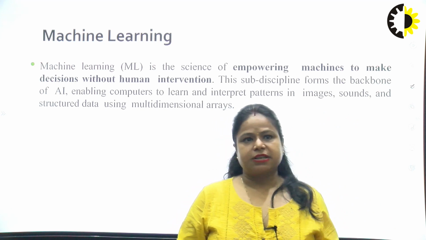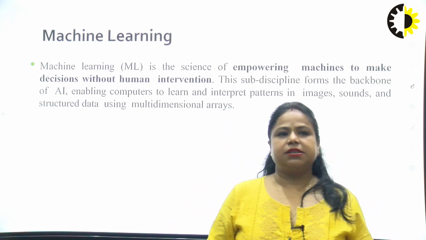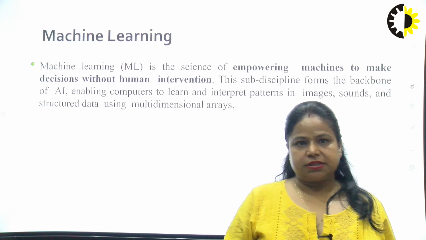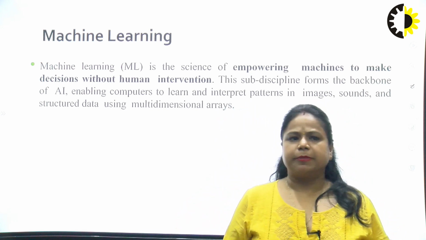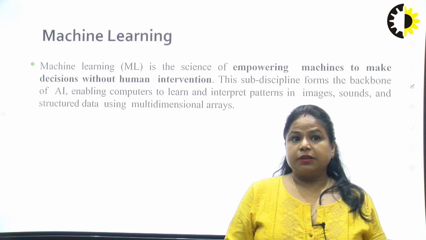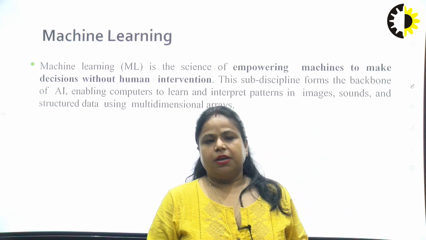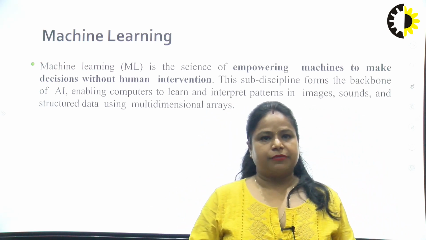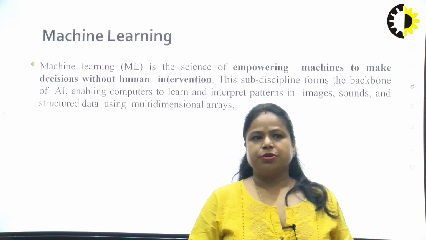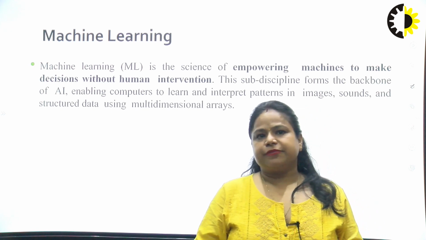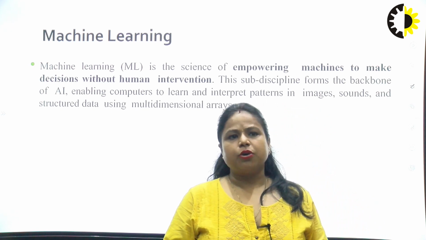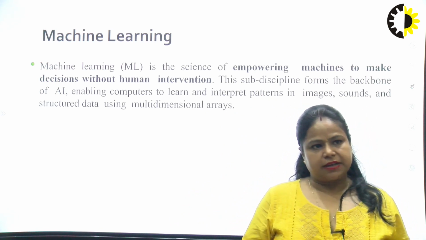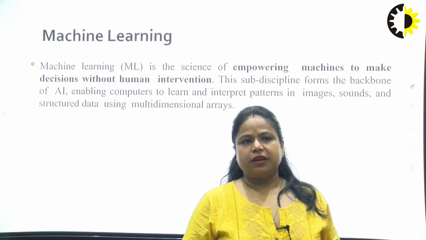Basically, machine learning is the science of empowering machines to make decisions without human intervention, in which we have to interpret patterns in the form of images, sounds, structured data or multidimensional arrays. This discipline forms the backbone of AI, enabling computers to learn and interpret patterns in images, sounds and structured data by using multidimensional arrays.